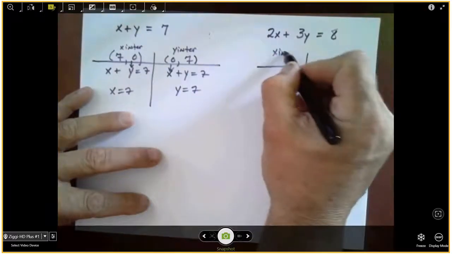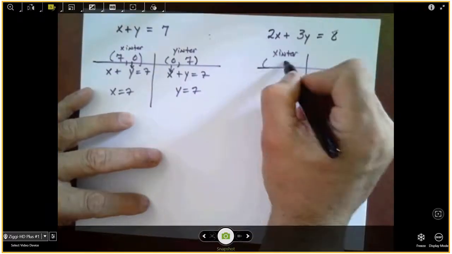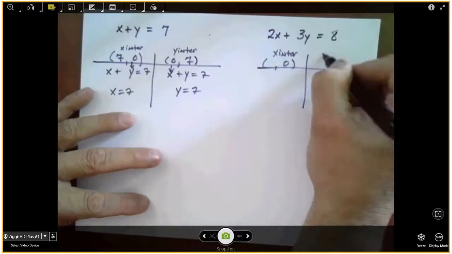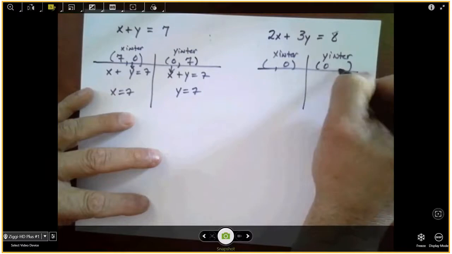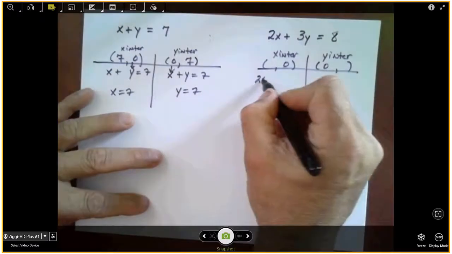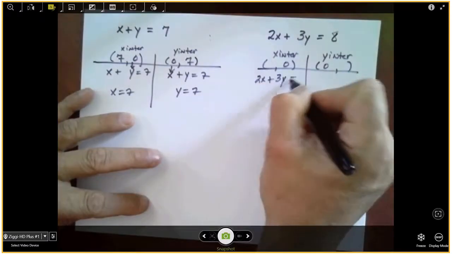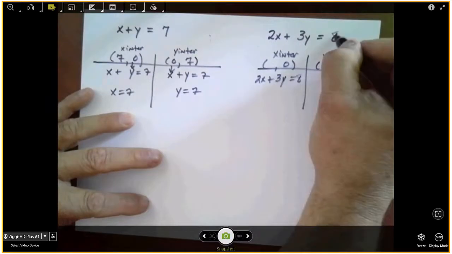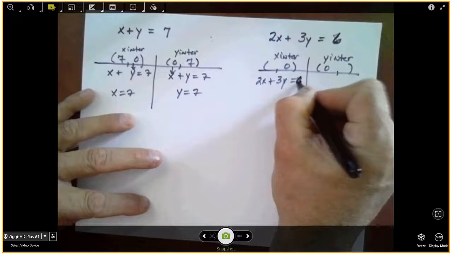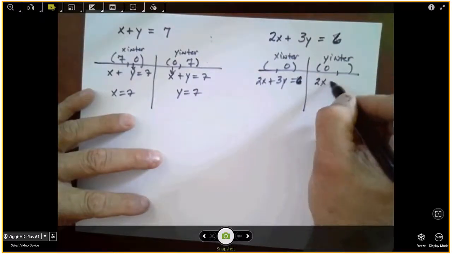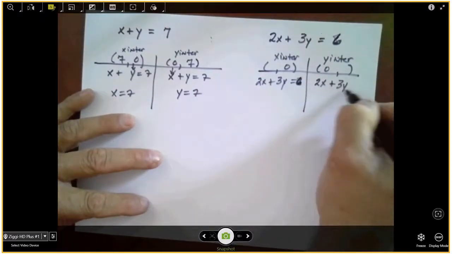Over here, x-intercept, 0 for y, y-intercept, 0 for x. 2x plus 3y is equal to 8. Let's make that a 6. And 2x plus 3y is equal to 6.